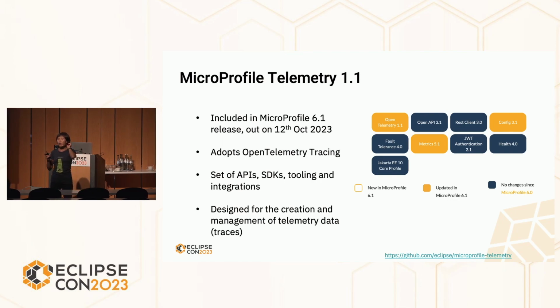Other MicroProfile specifications normally create their own API, but this specification does not create any additional APIs. Instead, it adopts the OpenTelemetry tracing API. So basically all the OpenTelemetry tracing APIs are available to MicroProfile Telemetry, and also the implementation packages all the SDKs and so on.